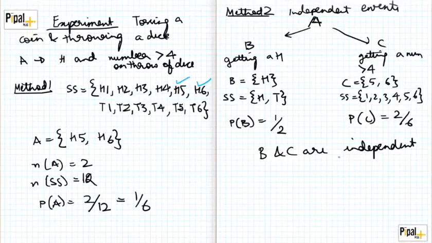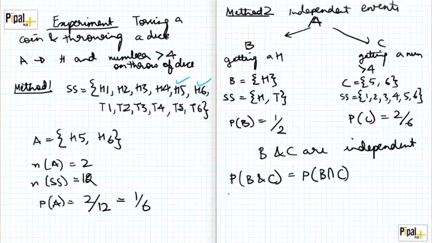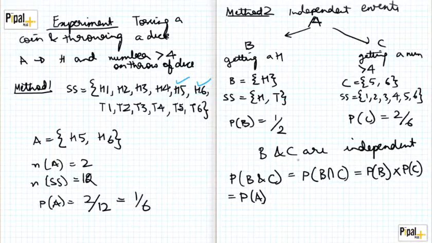Now if they are independent, the probability of both B and C, which is what I'm looking for, because we have to get an H in the toss of a coin and we have to get 5 or 6 on the throw of a dice, is equal to the probability of B intersection C. This is actually equal to the probability of A, which is equal to the probability of B multiplied by the probability of C. You would recall this relationship from our discussion on independent events.